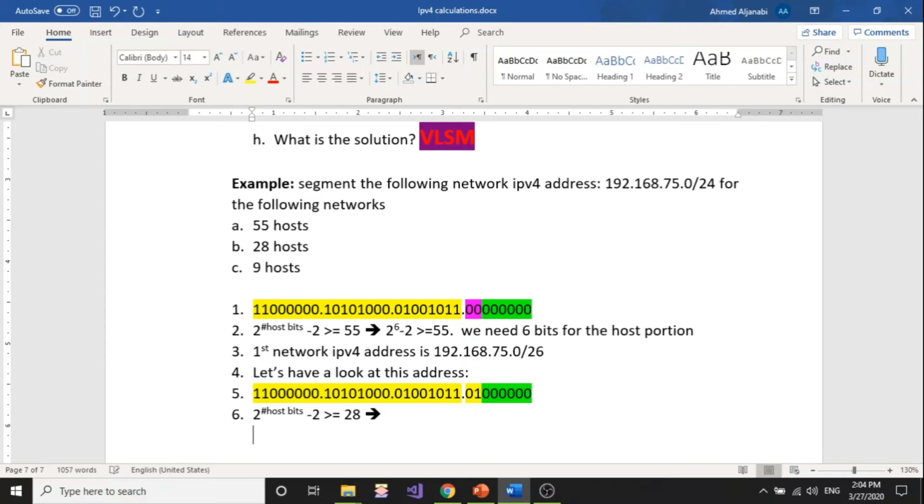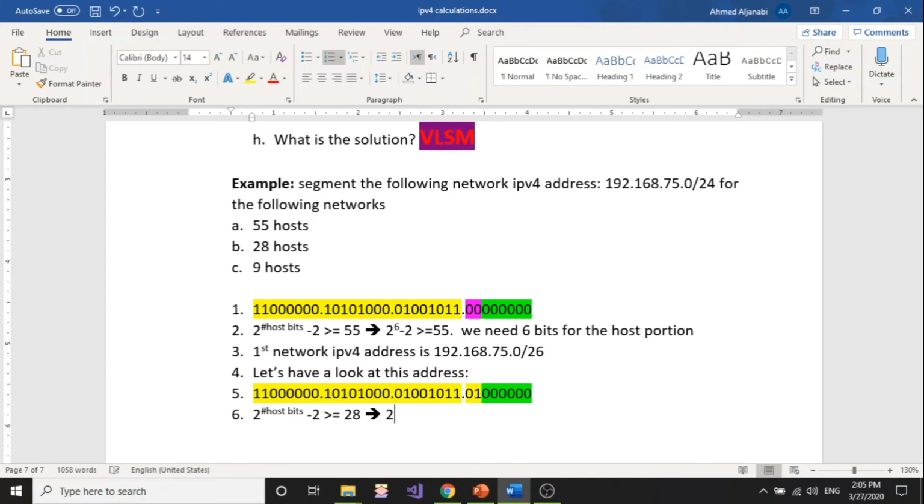Okay, so I have 6. I cannot go with 6, because 6 has already been used, I need to go further. I'm going to go with 5. Now, 2 to the power of 5 is 32. Minus 2 is 30. So 30 is acceptable. It's greater than 28.